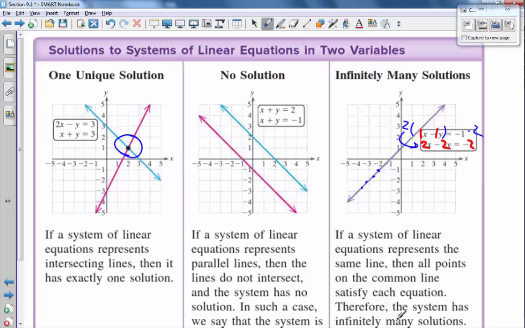Whatever x and y you take here is also in the second equation. So we may have infinitely many solutions. But this rarely happens. These are exceptional cases, but it may happen in our questions.